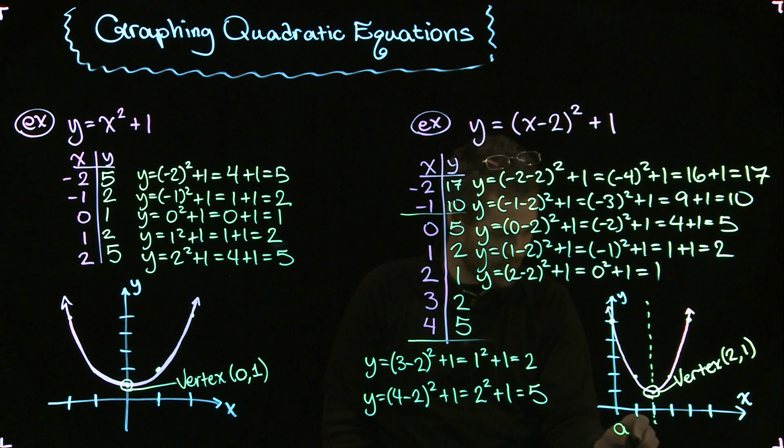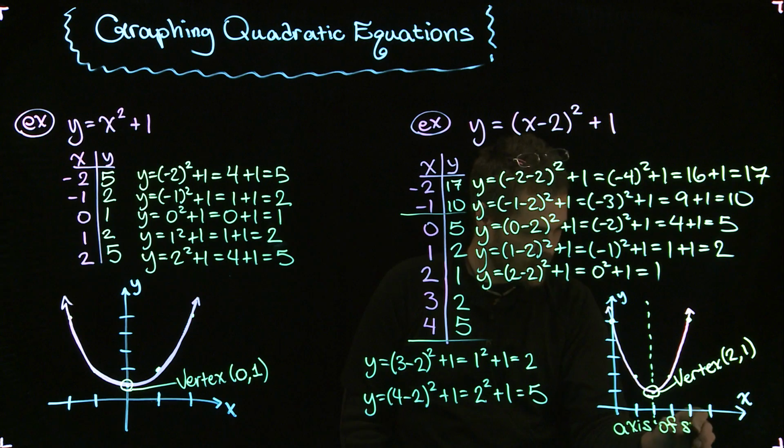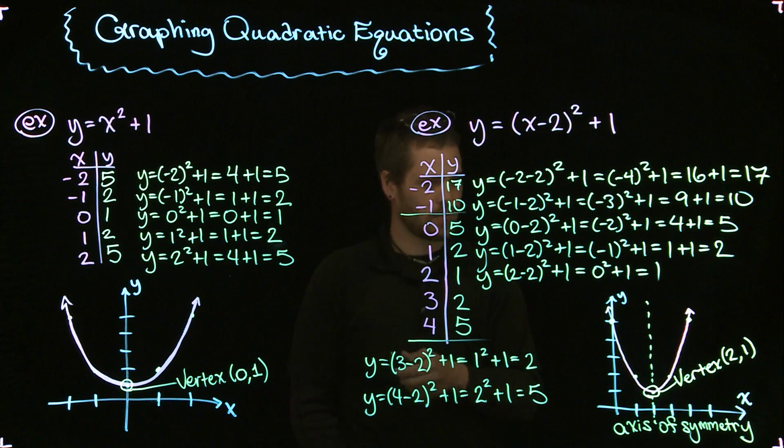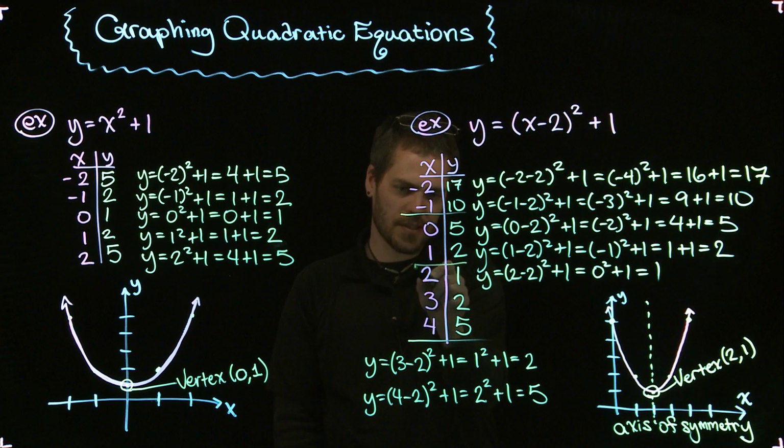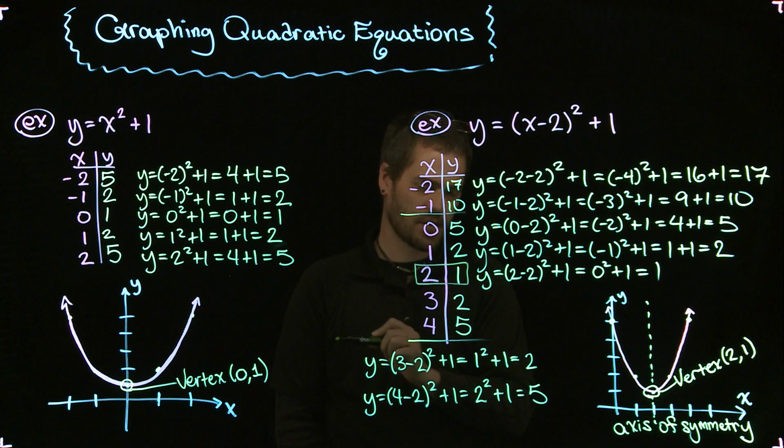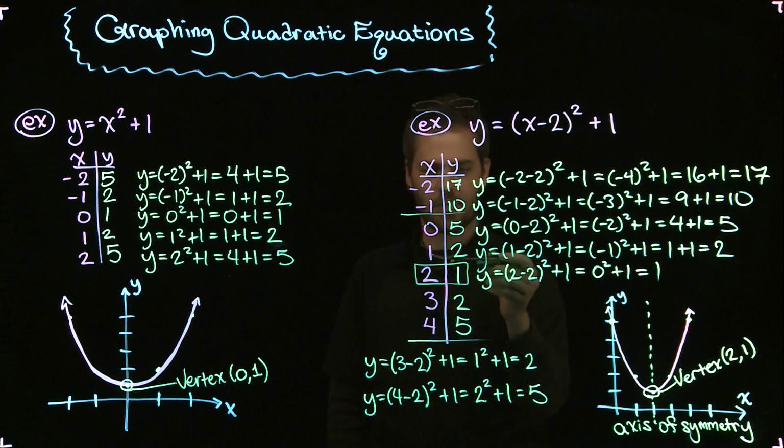Once again, axis of symmetry goes right through the vertex. Okay. And you can simply see that as my lowest y value right here corresponding to that x value. There's the vertex. And surrounded by that vertex is the symmetry that we see.